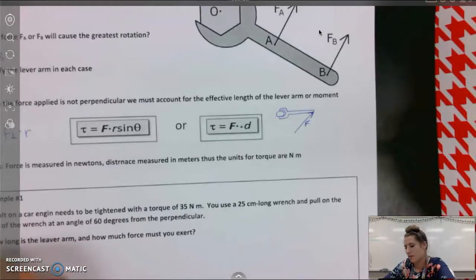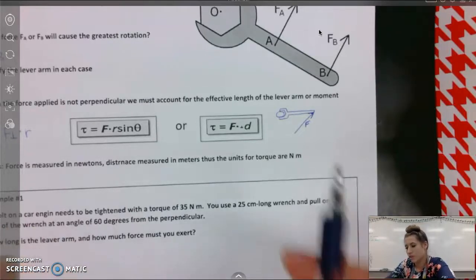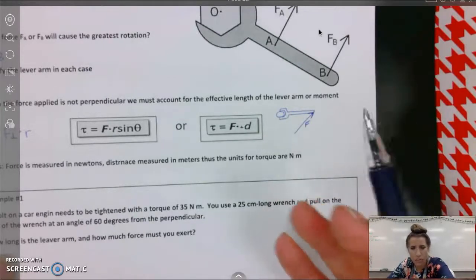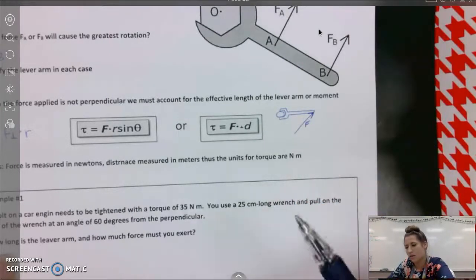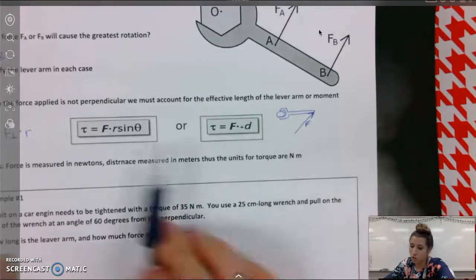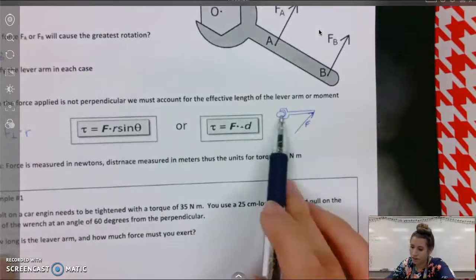Now, there's two components to this force, right? There's that X and Y component. We can also call it perpendicular or parallel to our lever arm here.